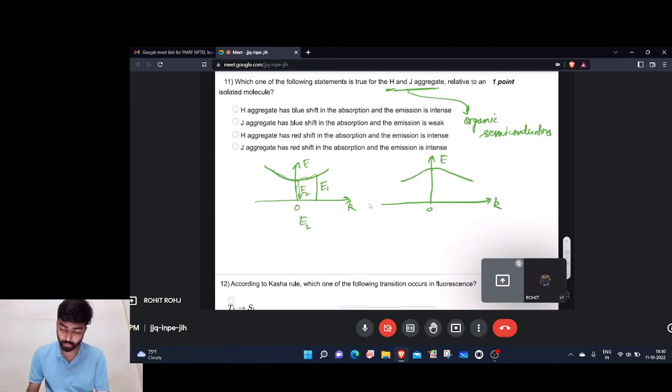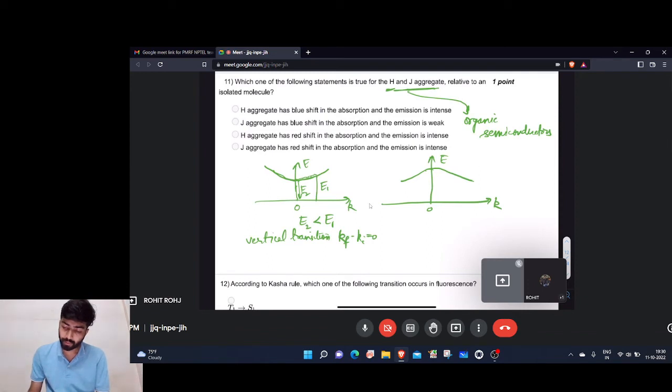So E2 is less than E1, but since this transition is allowed, as it conserves momentum, because this is a vertical transition, k final minus k initial is 0. So it is conserved via momentum as well as energy, because thermalization means non-radiative processes, and the system will relax via non-radiative processes, and finally E2, that is the energy of emission, will be there.